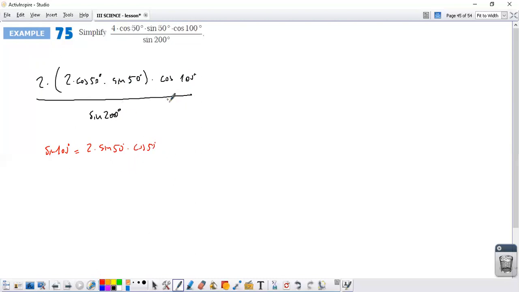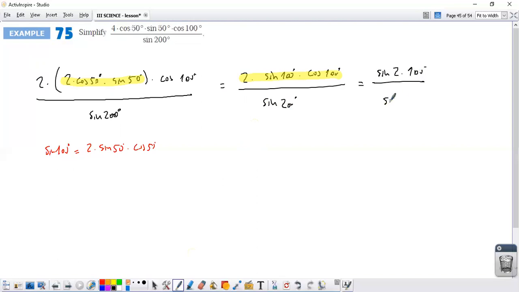And it means I'm going to put, instead of the parentheses, sine 100 degrees times cosine 100 degrees divided by sine 200 degrees. Okay. And that is the double angle formula. It's going to be sine 2 times 100 degrees divided by sine 200 degrees. They cancel each other out, and we will get just 1, using the double angle formula again.